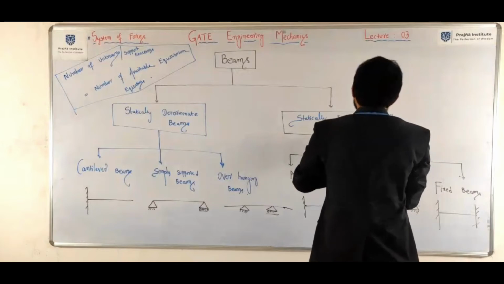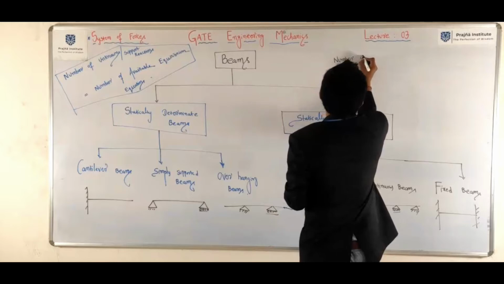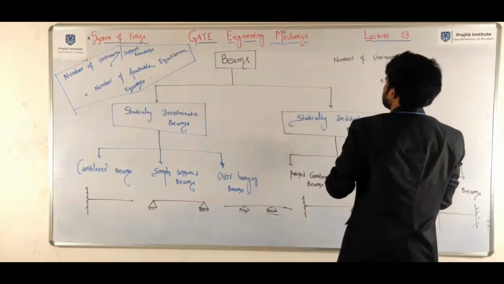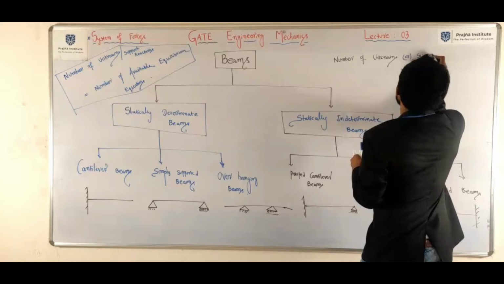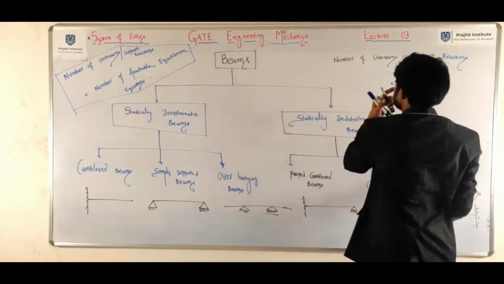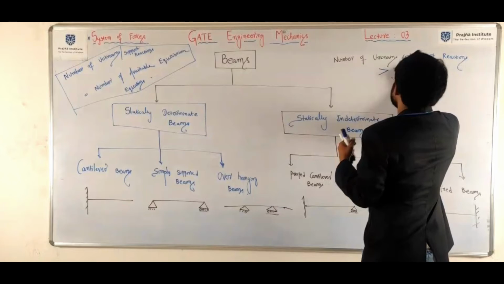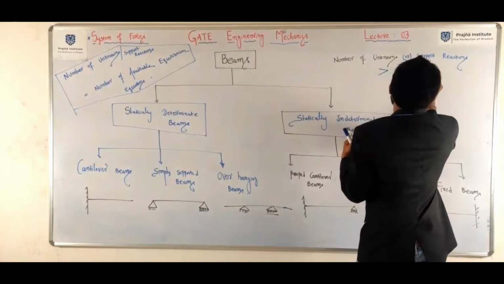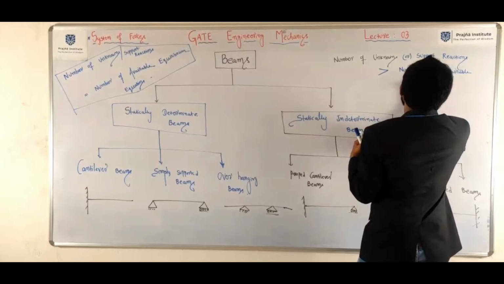Next, here the number of unknowns or support reactions is greater than the number of available equilibrium equations.